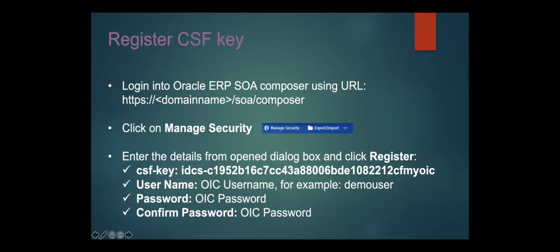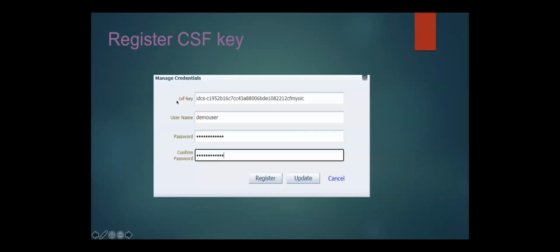Once you log in to this composer, you will see the Manage Security button. When you click on it, you will see the Manage Credentials dialog box. There you provide the CSF key, the username of the OIC and the password, and then register.